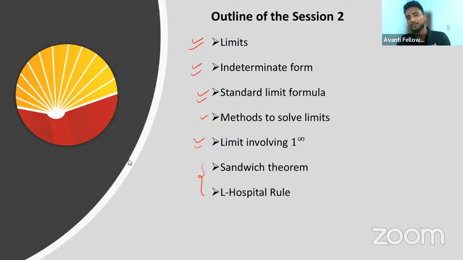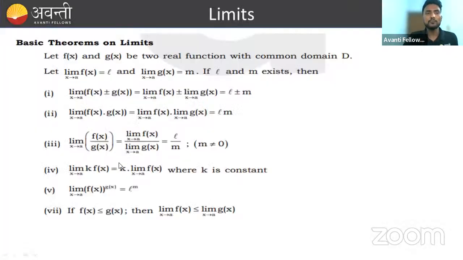Okay, so first of all, I'm just showing you the slides which we discussed in the previous class about the basic theorems on limits. When we have two limits, if we have to find the sum of those two limits, then we can find them separately, and then you can do the plus or minus also.